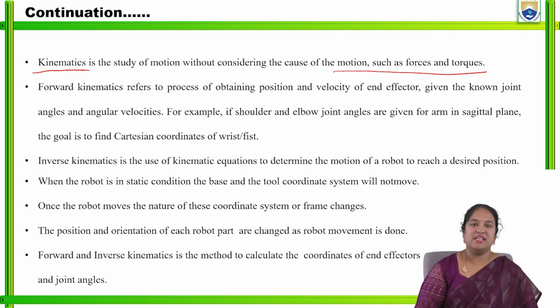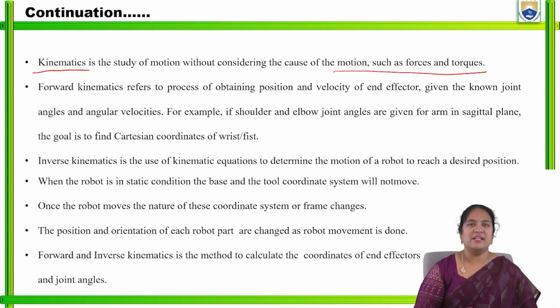It deals with motion without bringing force and torque into it. That is known as kinematics.